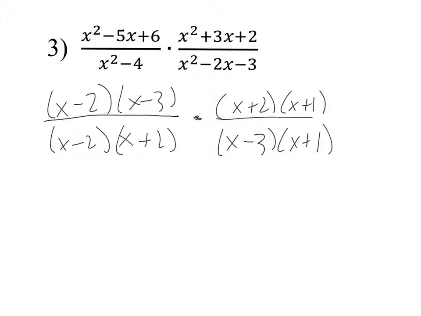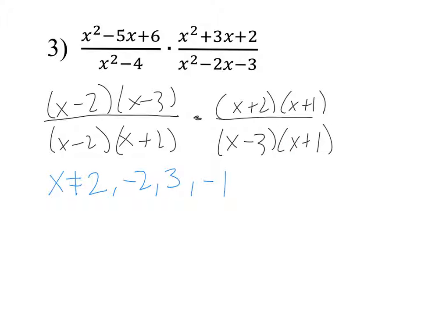Factor. Find domain restrictions. X cannot equal positive 2, negative 2, positive 3, negative 1. Again, positive 2, negative 2, positive 3, negative 1.